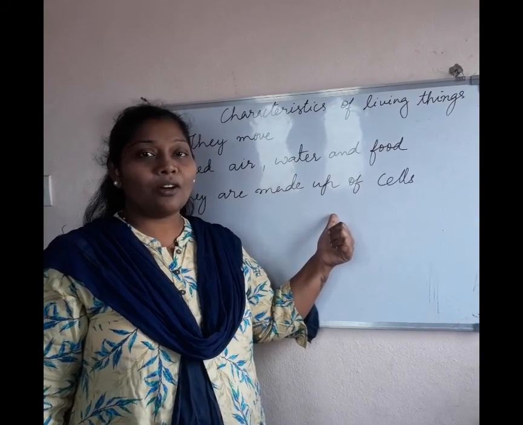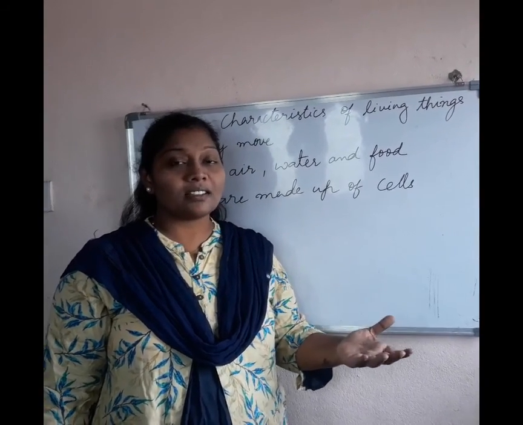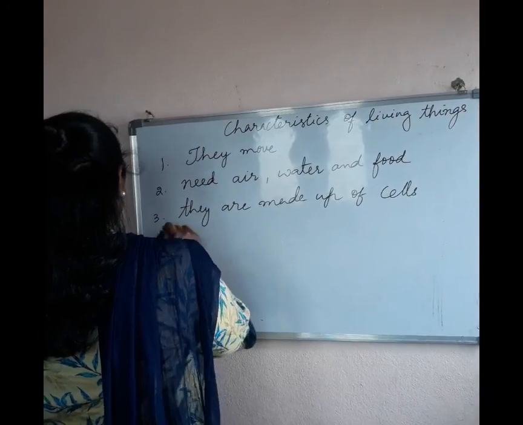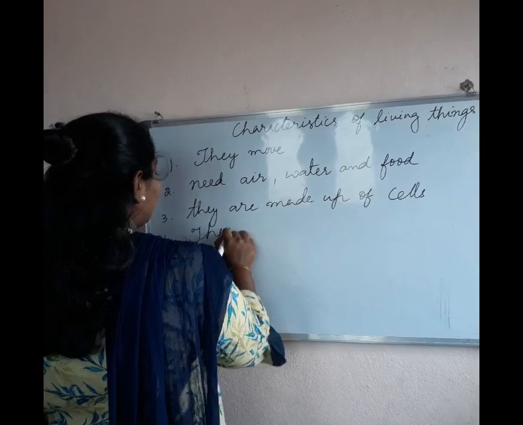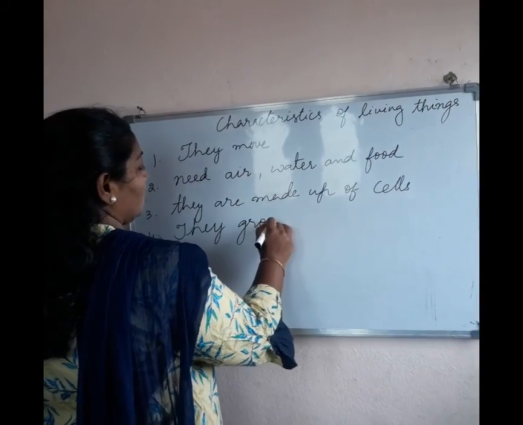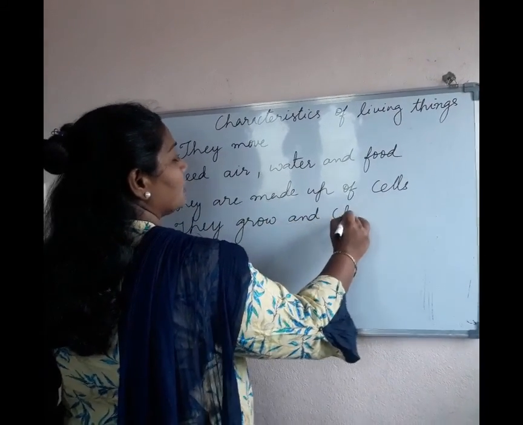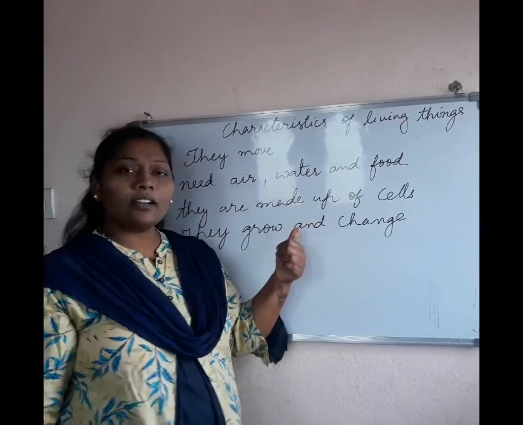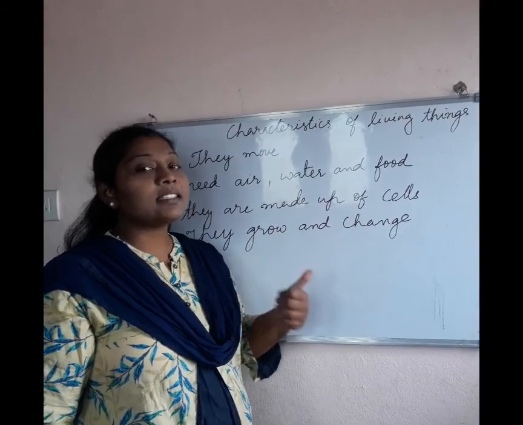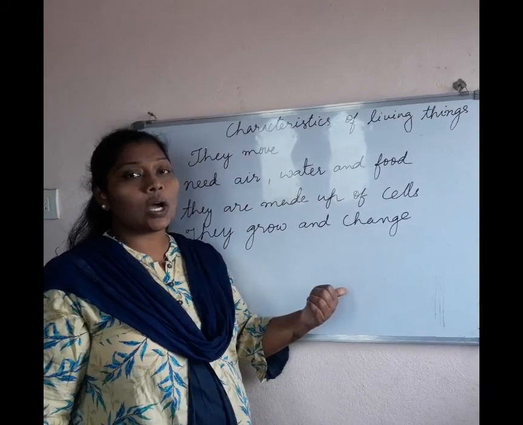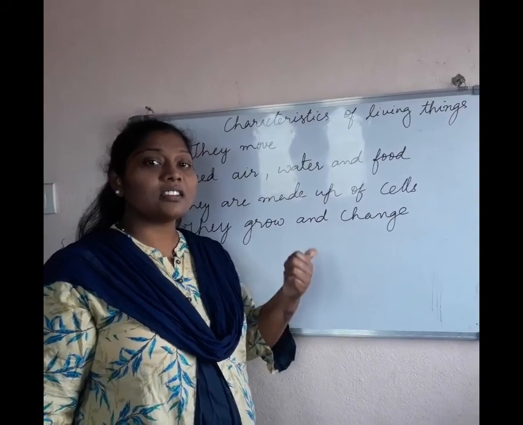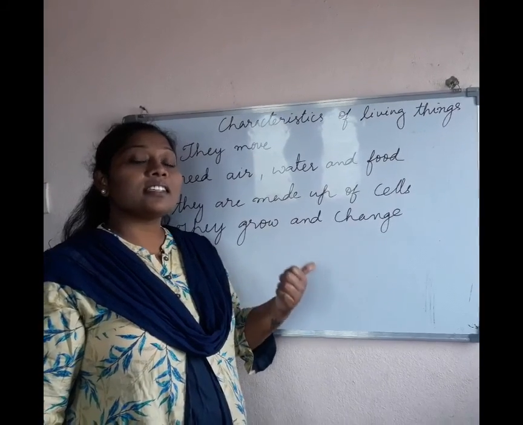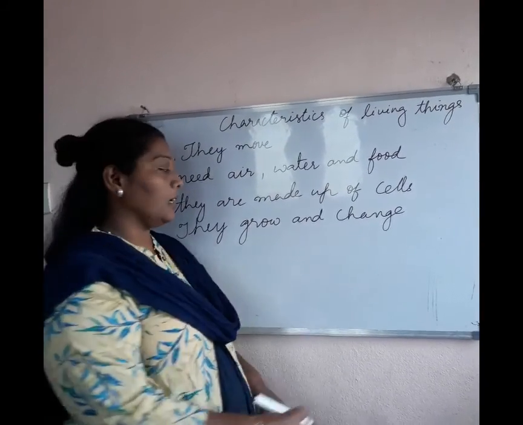Now we'll learn three more characteristics of living things. The fourth one is they grow and change. In the third one I told you, as the number of cells in a living thing grows, it will also increase the size and volume of the living thing.